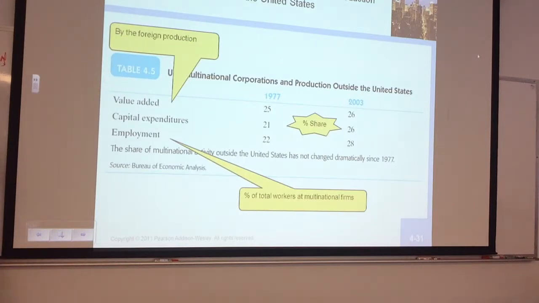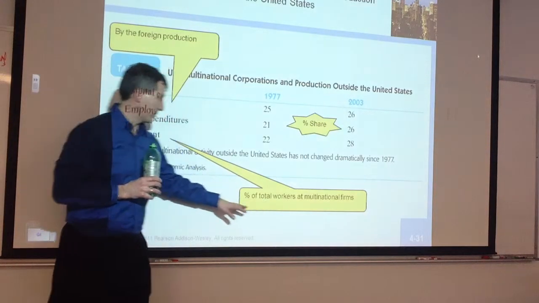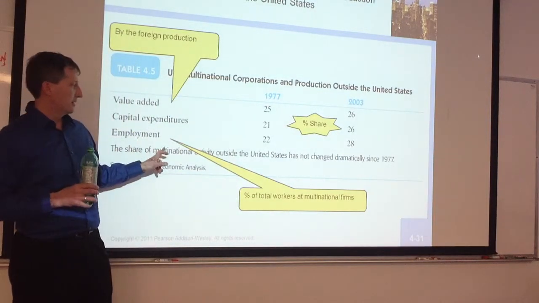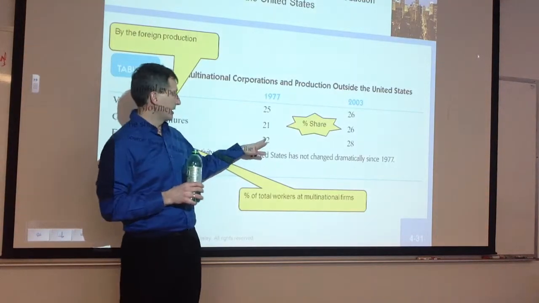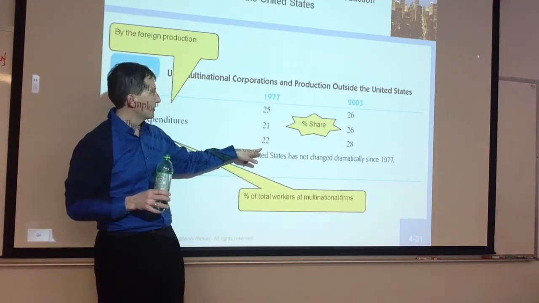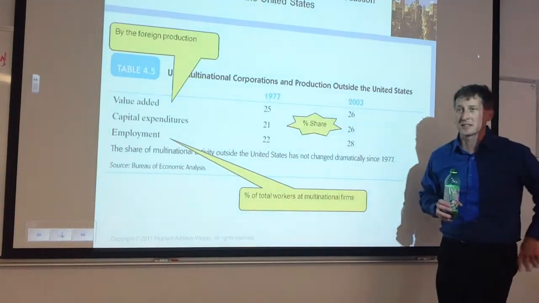That 6% share of employment, because of the large number each percentage represents, is going to be used with malicious intent to change people's viewpoints. They're going to use that as a number of million workers. Now hold on, let me back up on what you're saying here. This part? Yeah. So percent of total workers at multinational firms: 22% worked at multinational firms, 28%. So that was the 6. You're talking about the 6% increase?